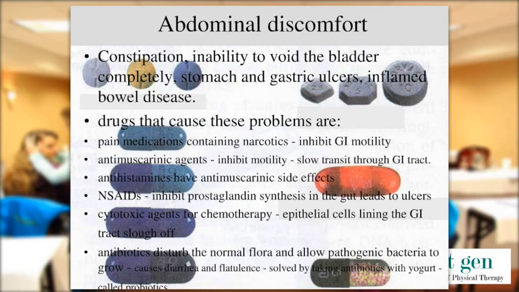Any other medications that slow the mobility of the GI tract, like antihistamines, and then of course we know NSAIDs can lead to ulcers. The elderly are also more prone to that as well. The cancer patients that might be on chemotherapy, that really affects the cells in the GI system, and that really predisposes them to other things, such as the effects from the NSAIDs and those types of issues, because it can damage the healthy cells as well while they're undergoing that chemo.